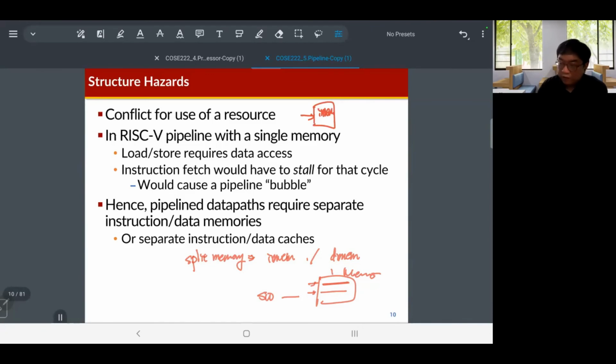For every instruction, we need to access instruction memory every cycle, because in order to fetch an instruction, we need to access this instruction memory with the program counter, which means that for every clock we need to access it. But how about the data memory? Data memory is accessed by load and store instructions.